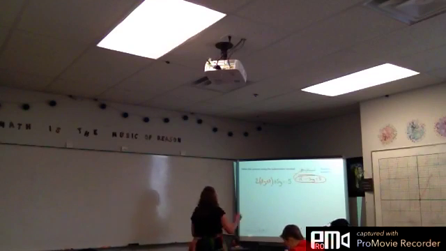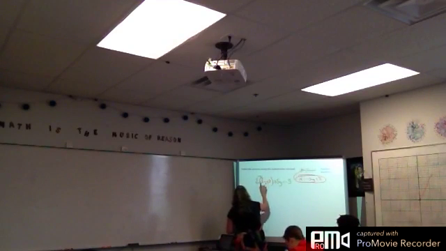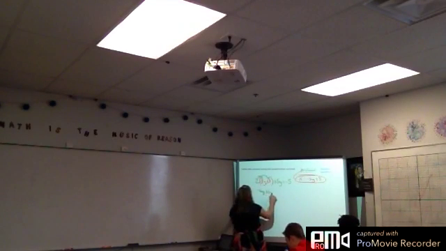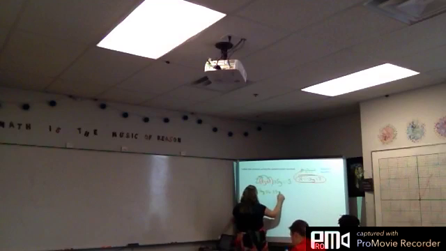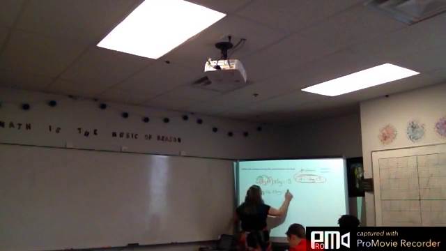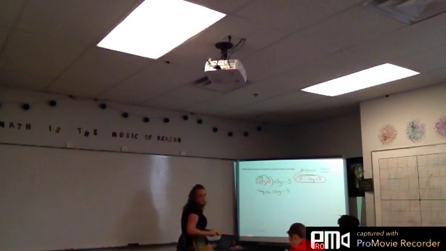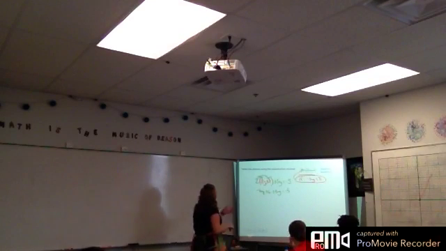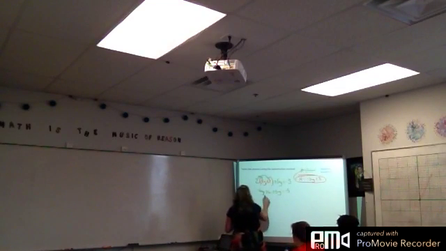Distribute property. So I get 2 times negative 3y, which is negative 6y, and 2 times positive 3, which is positive 6, plus 5y equals negative 5. What do you do from there? Combine like terms. I have a negative 6y and a 5y. What does that give me? Negative y.